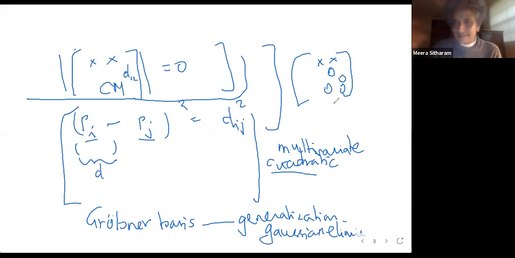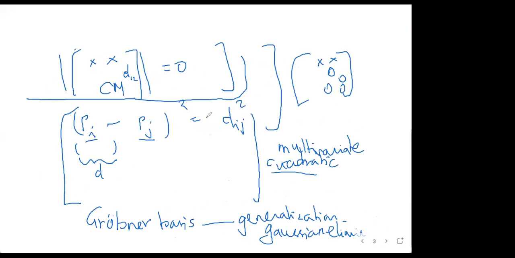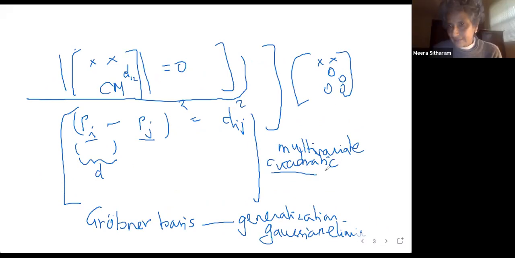You can think of it as a distance vector of which some of them have been specified, others have not been. That's our graph. And for each one of these given entries, I'm going to make up a bunch of quadratics like this with this number here on the right hand side. So I have this multivariate quadratic system.